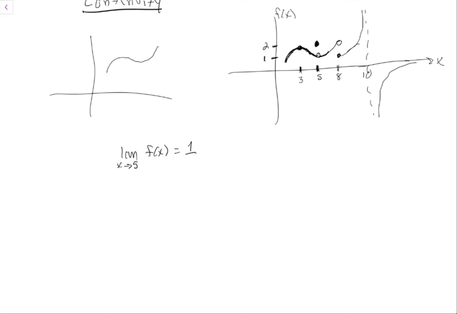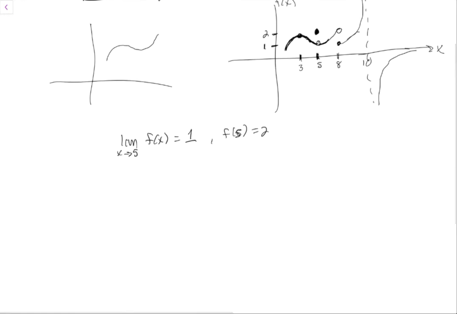And then our function value at 5 is something different. So what we can note here is that the limit as x approaches 5 does not equal f of 5. We need the limit and the function value to be the same, and that means we're not picking up our pencil.